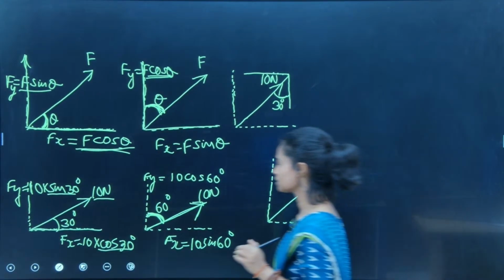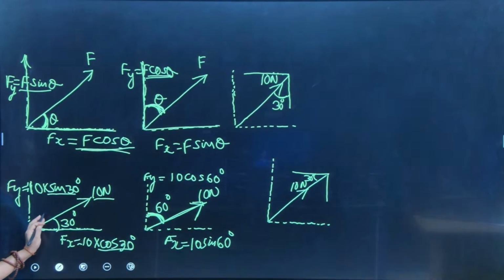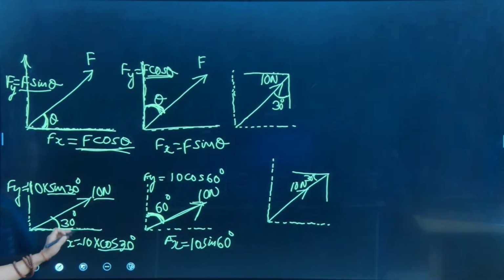Now you may ask, the force is the same, but the components in these two cases, are they going to be the same? You can check on your own. See here, the angle with the horizontal is 30 degree. That means the angle with the vertical would be, since this is a right angle, if this is 30 degree, this has to be 60 degree.